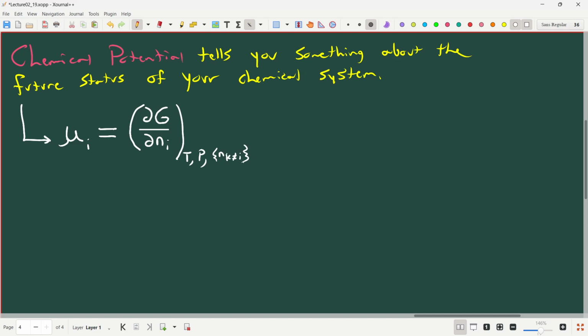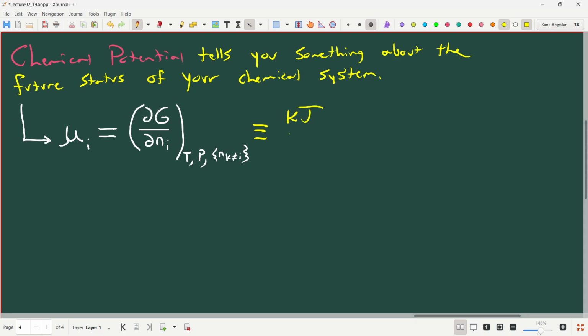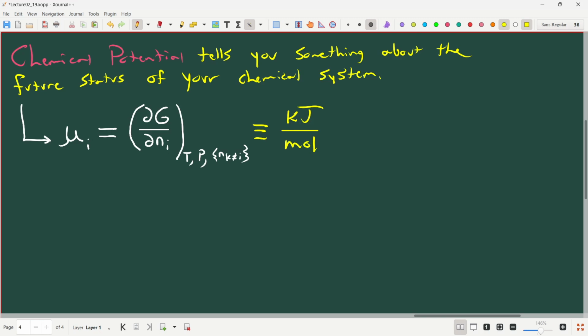So chemical potential tells you how the Gibbs energy is changing as you convert, say, molecule 1 into molecule 2. It's a slope. But if you notice, this just has units of Gibbs energy, which is kilojoules per mole. And all this is, in fact, mu sub i.